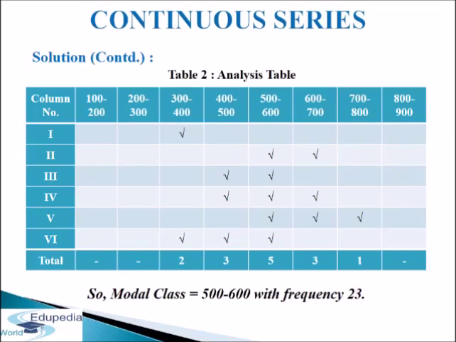700 to 800. And in the last column, that is column number 6, we have to add up the frequencies of the third, fourth and fifth.